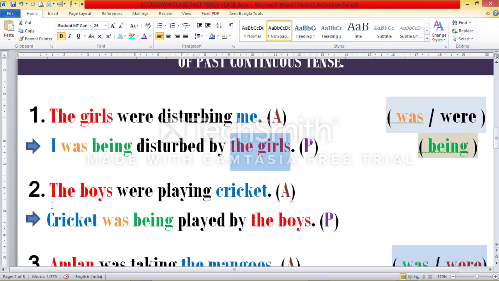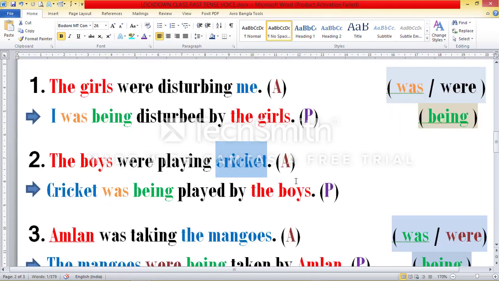The second sentence is, the boys were playing cricket. As you know, in this sentence, the boys is the subject, and cricket is the object. So our first duty is to find out the object and make it subject.